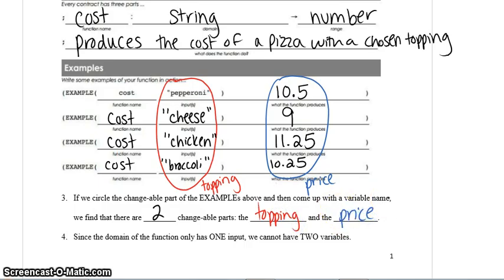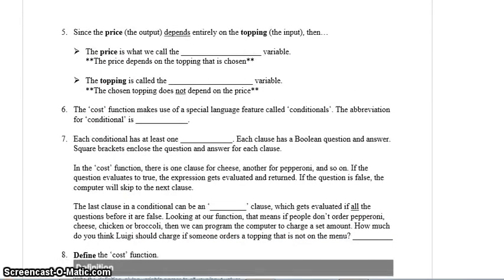But here is why we needed to do this example. This is something we haven't seen before. Since the domain of the function only has 1 input, we cannot have 2 variables. So the 1 input is shown up here in the contract where I see that the domain is only 1 string. So we cannot have 2 variables. So we need a way to deal with this. So let's take a look at the next page.